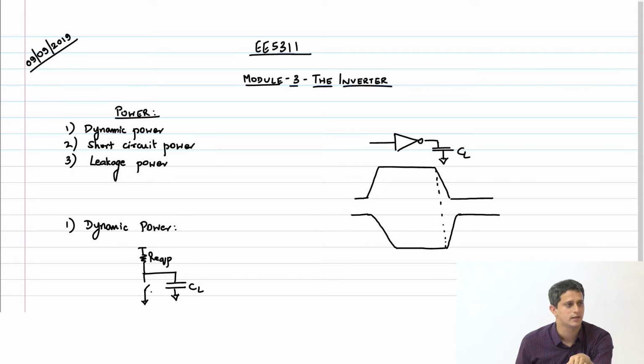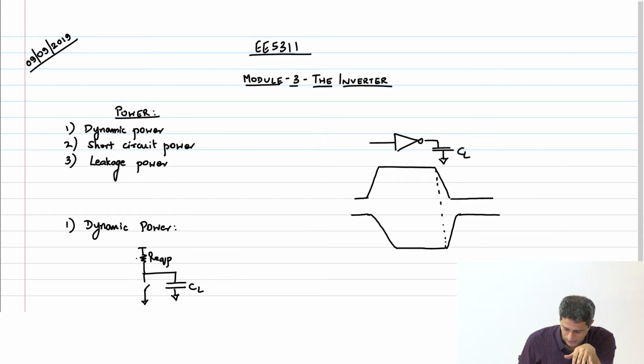Again, the assumption here is that though I showed in reality that the input has a finite rise time and fall time, here we are assuming that the input rises instantaneously or falls instantaneously, which means that the PMOS is a perfect resistor and the NMOS just cuts off, right?